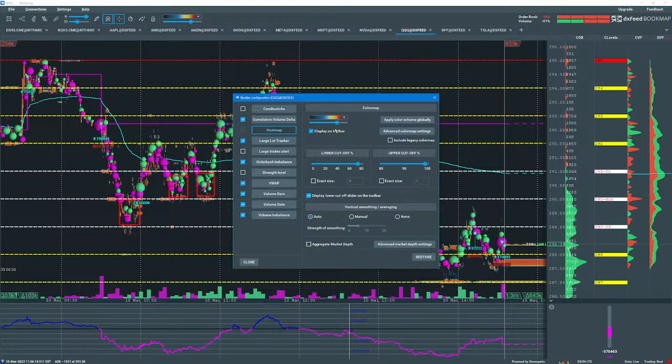I don't think you can change that like the volume dots. So I just have the standard, default settings for most of the heat map. Now I have changed the cutoff settings, cutoff percentage. So I hope that answers your question.